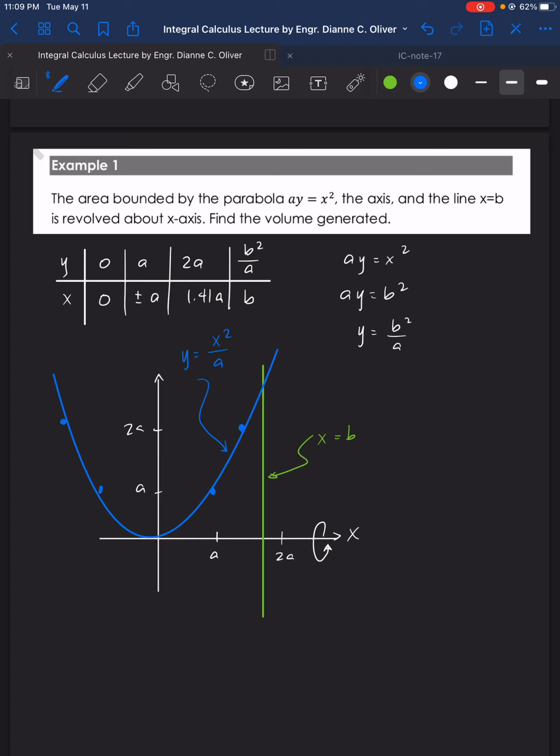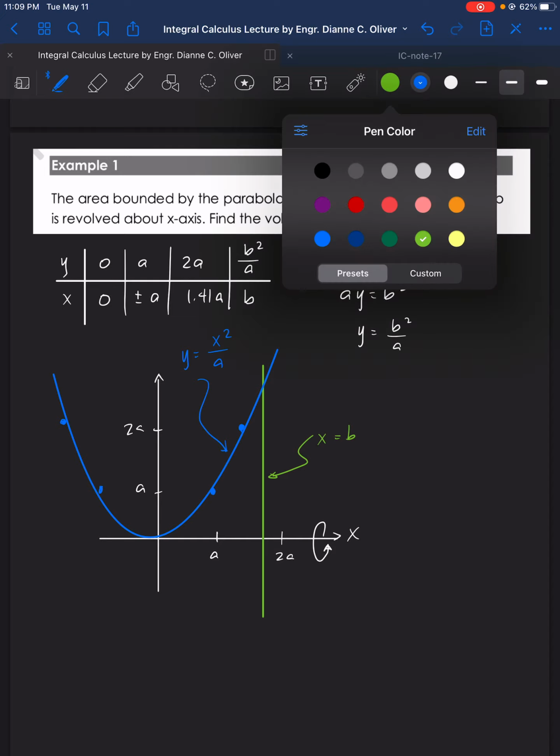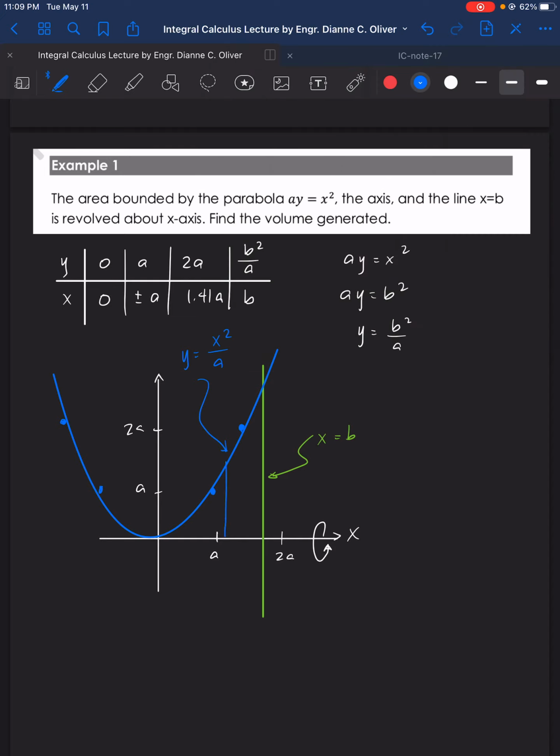Now if we are using the x-axis as the axis of revolution and decided to use the area strip, okay, we decided to use the area strip here. So we have here y dx as the area strip.